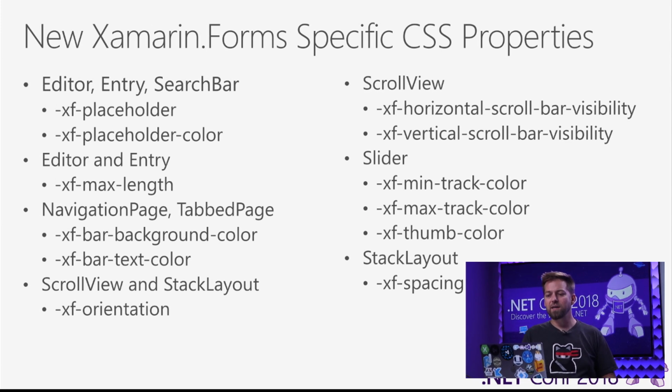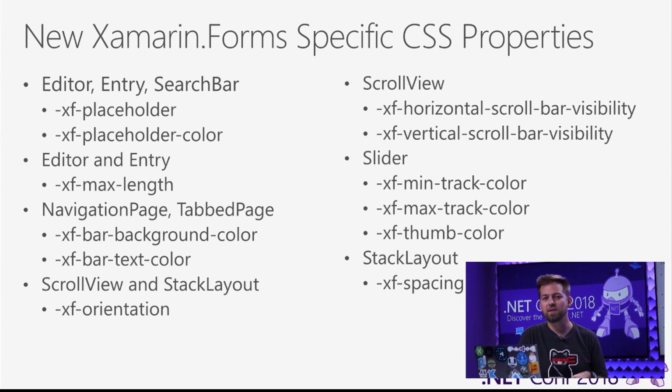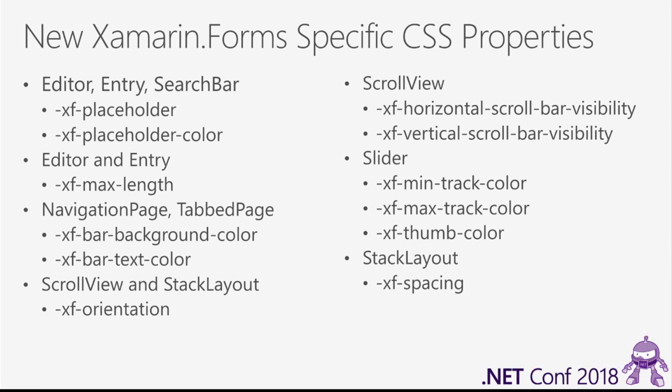And then coming very soon, we're borrowing from the vendor prefix idea. If you're a web developer, you're very familiar with the WebKit prefix, the Moz prefix, the IE prefix, all those sorts of things. We're doing the same thing here. For those properties that really are not analogous at all to what you would get in web development, and are specific to Xamarin Forms, we are decorating them with an XF prefix, and you can access them.